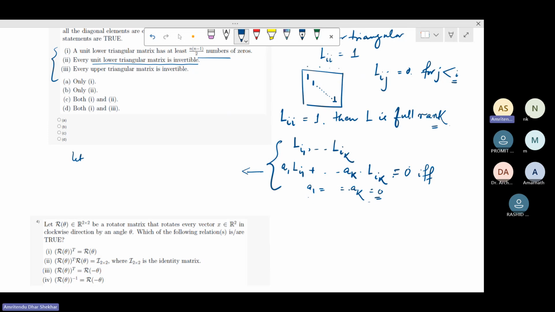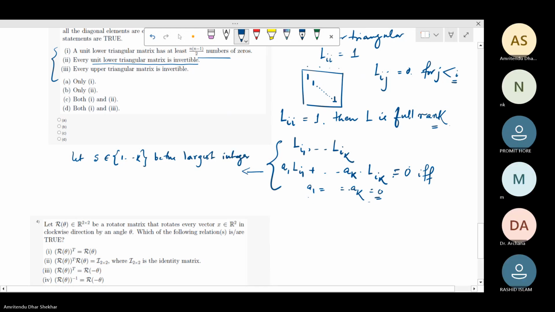let s in 1 up to k be the largest integer such that a_s is non-zero.